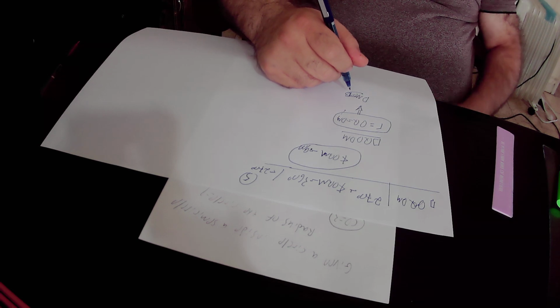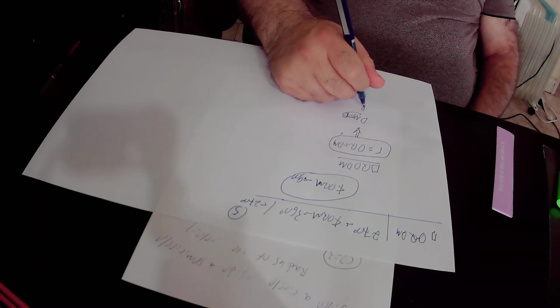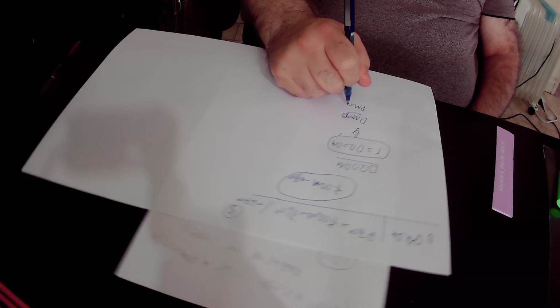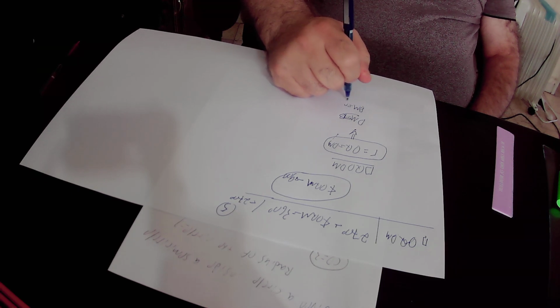So we found out that dm equals r, it is the radius of the small circle.